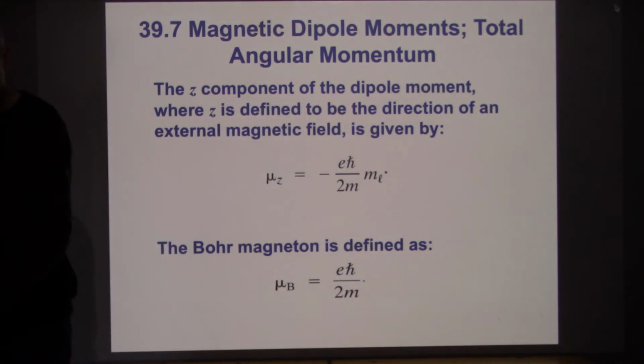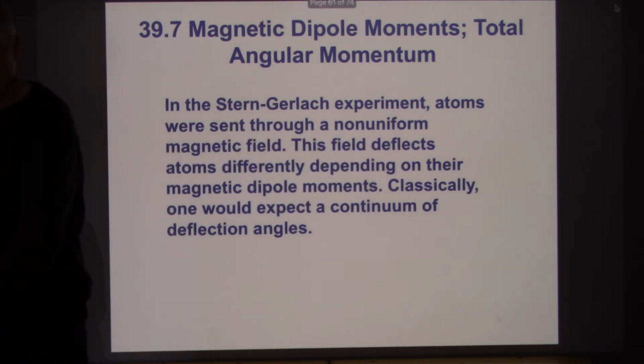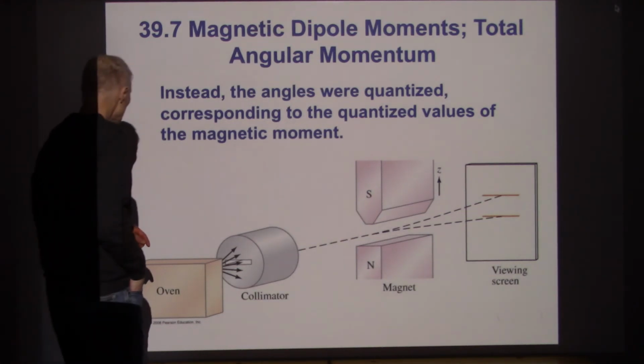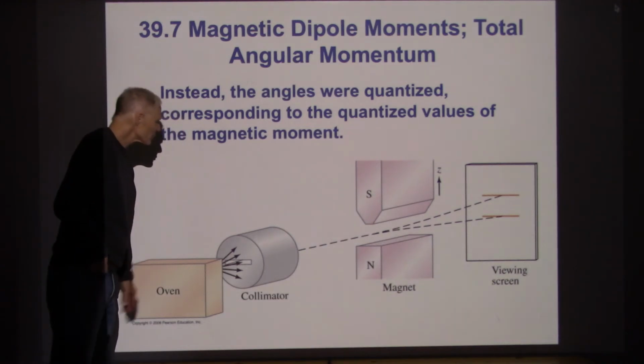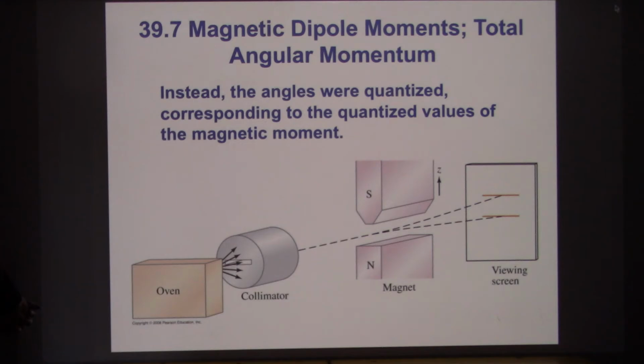What happens as a result, and again, we're not paying particularly close attention to the formulas here, they're a little beyond what we're interested in, but this is an interesting feature. Let's say here's an oven, so we're vaporizing atoms. I think this was first done with silver, that ovens were used to produce vaporized silver atoms, and the silver atoms have one leftover electron in a 5s state, I think.